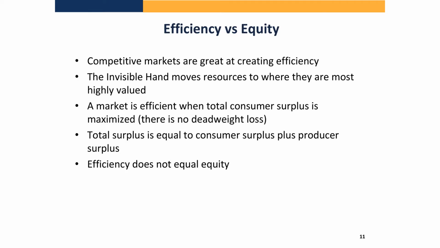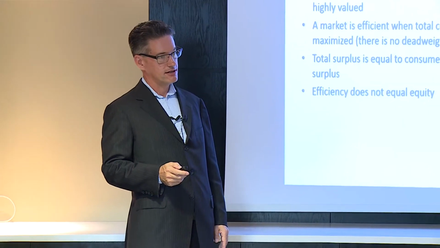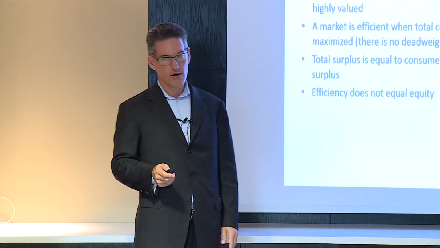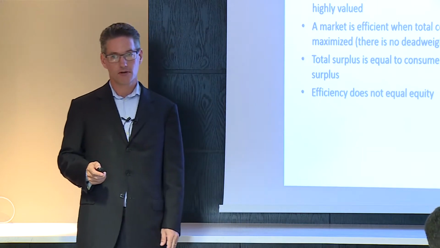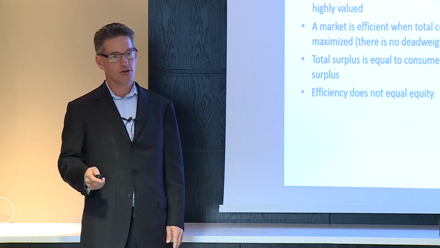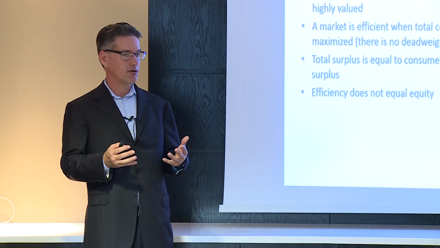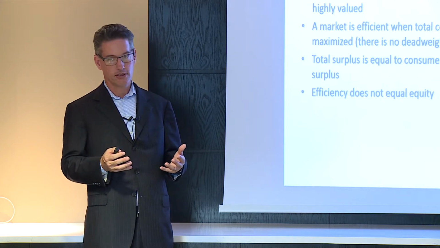So this one we talked about before, the efficiency versus the equity. Markets are great at efficiency, but not necessarily great at equity. It could be part of the problem too, because the stock market, for example, is a very good, efficient market for pricing stocks. But this is part of the issue with inequality.